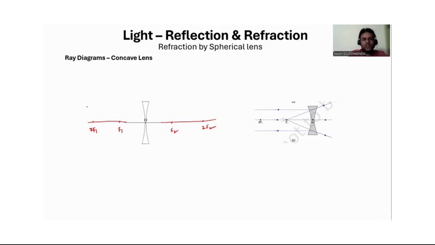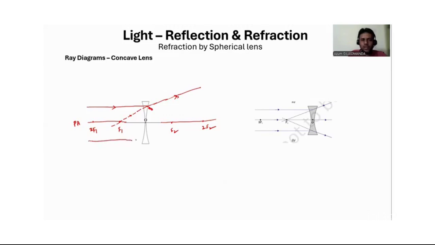In concave lens, if you send a parallel beam, an incident ray coming parallel to the principal axis, sorry guys, this is not the case. In a concave lens, it basically diverges out. If you see that divergence from the other side, it appears that it is coming from the focus point F1 itself, if you draw an imaginary line.